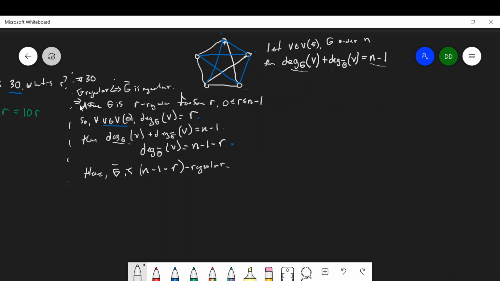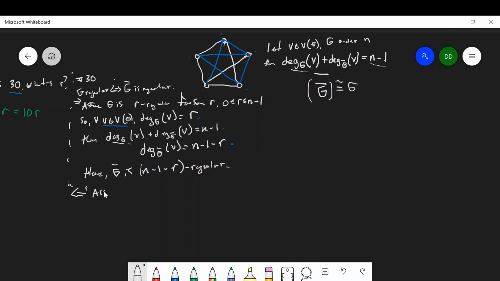We assumed that G was R regular. Now, I want you to notice something: if I take a graph and I look at its complement, and then I take a complement again, so G complement complement, I get back the original graph. So what that means is I can use what I've already proved. So let me do the backwards direction now.